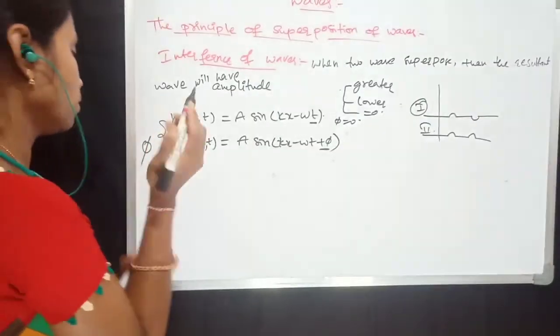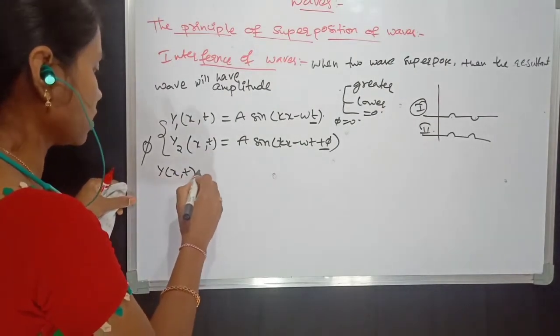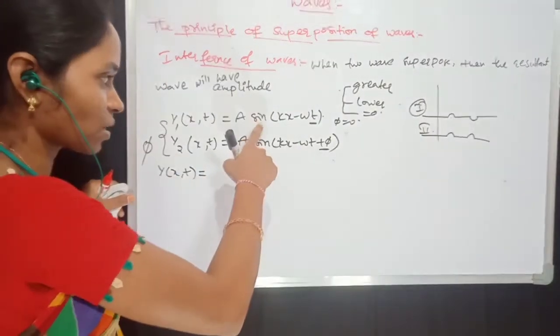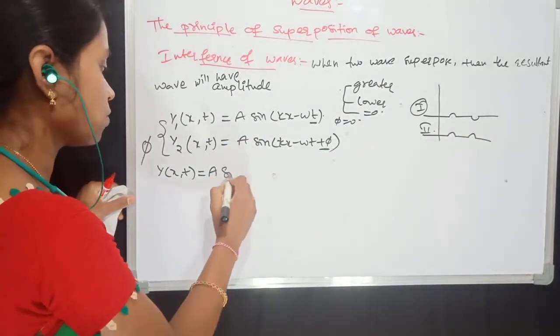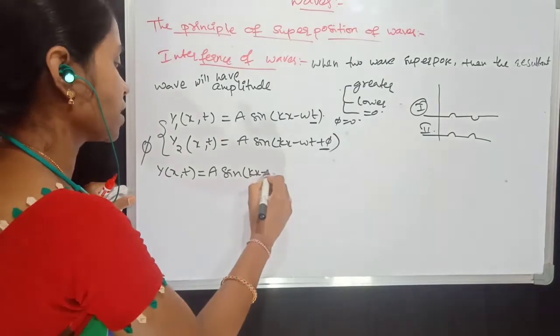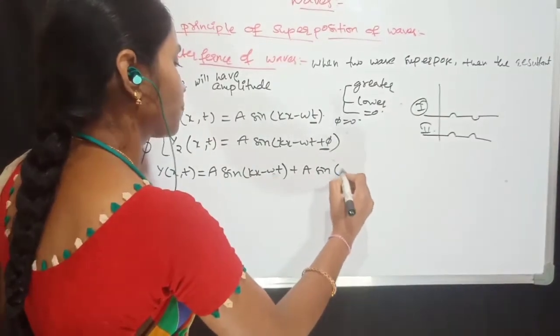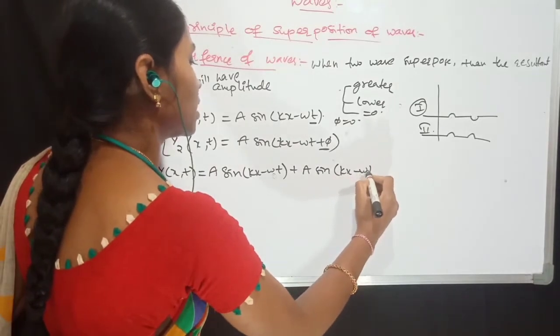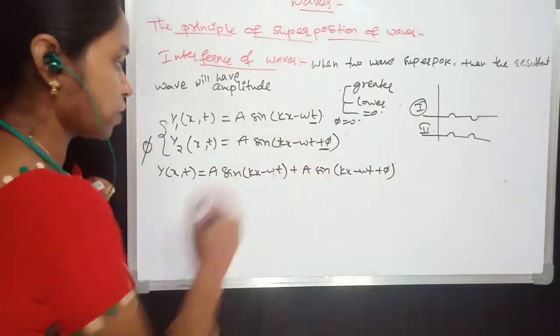Now, coming to the resultant displacement equation, this will be equal to the algebraic sum of these two waves, that is a sin of kx minus omega t plus a sin of kx minus omega t plus phi. This phi is the phase difference between these two waves.